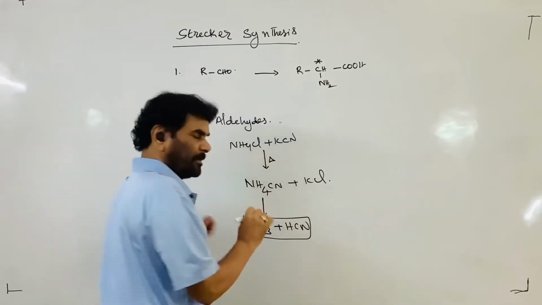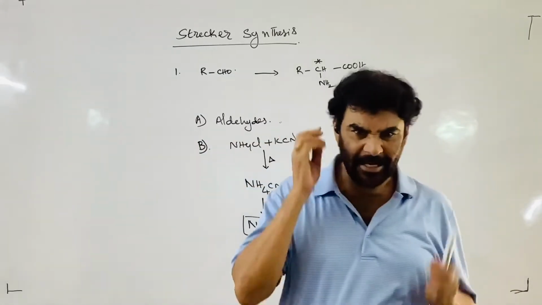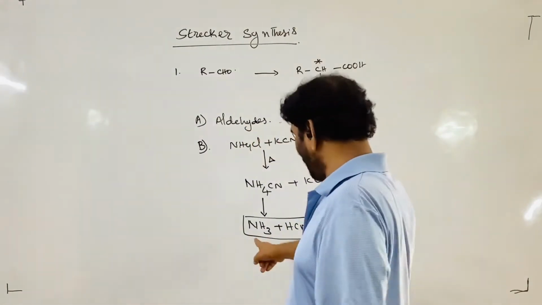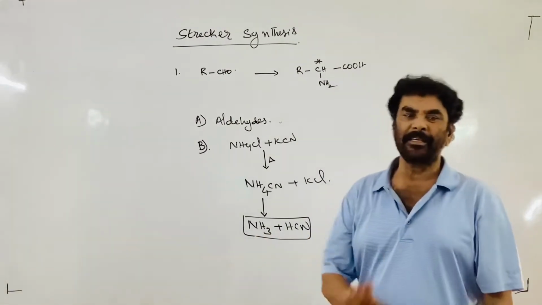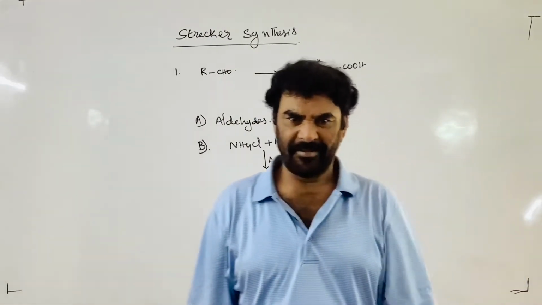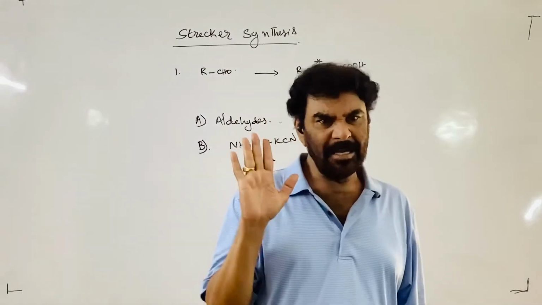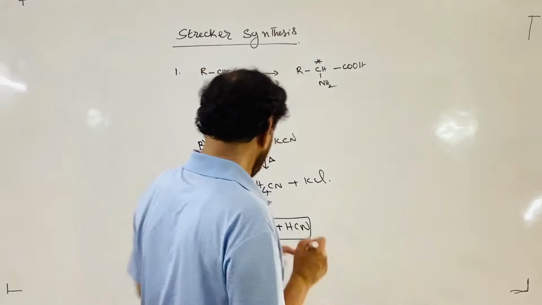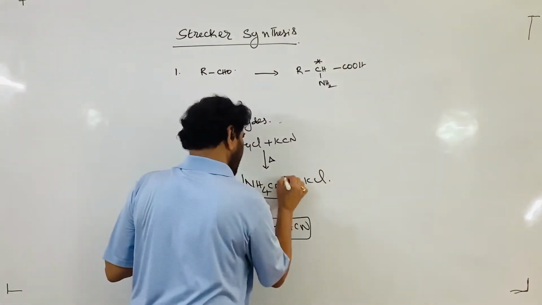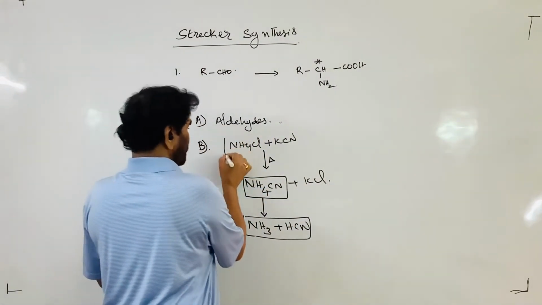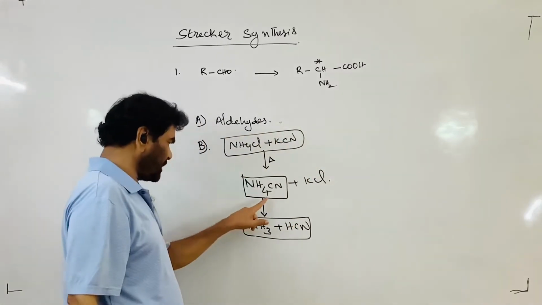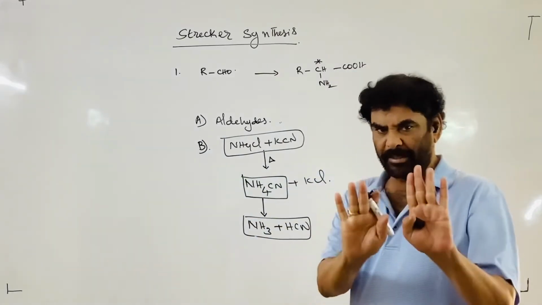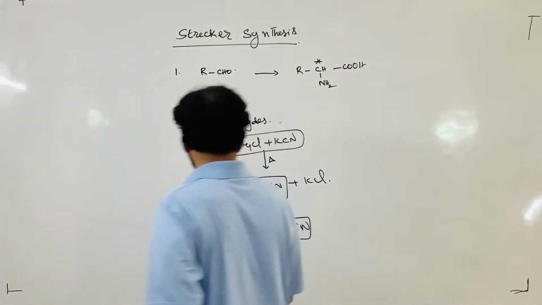That means during the reaction we are treating the aldehydes and ketones with ammonia followed by HCN. But the reagent we normally call is ammonium chloride plus KCN, or ammonium cyanide. This can be taken as the reagent, or we can take ammonium cyanide directly. One thing, so what happens here?